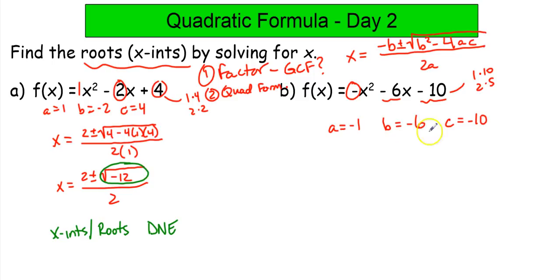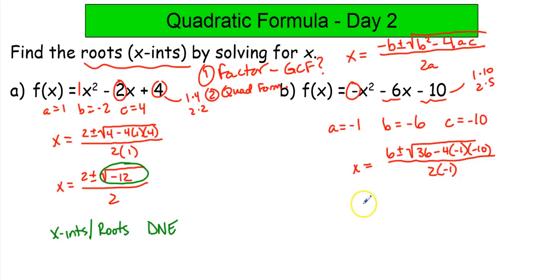Coming from right there. So quadratic formula, x equals -b. So that's a +6. The -6 turns into a positive, plus or minus the square root of b squared, which is -6 squared. So that's a negative times a negative, which gives me a +36, minus 4 times a times c, all over 2 times a.